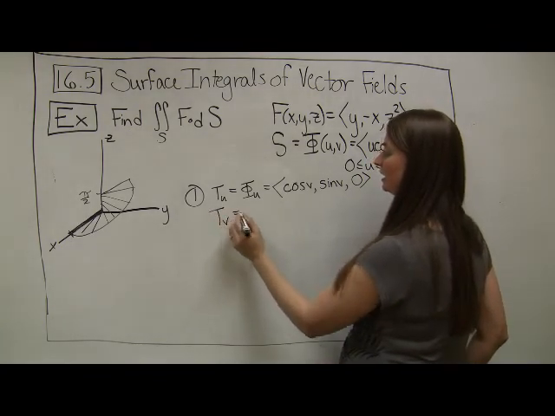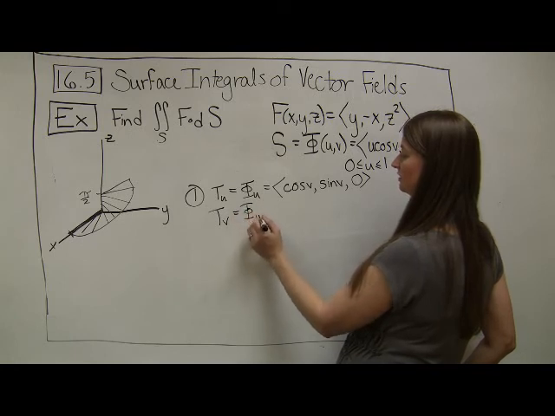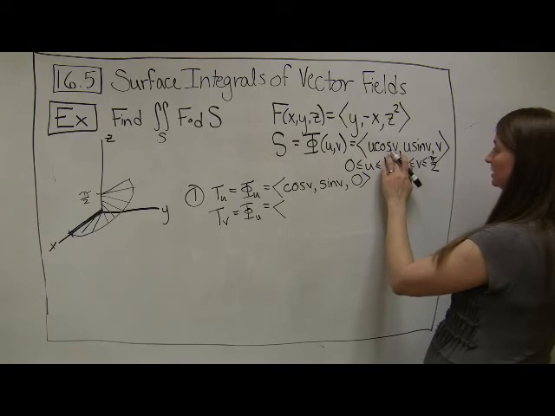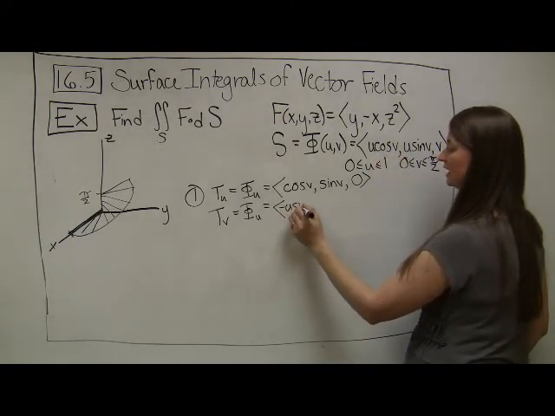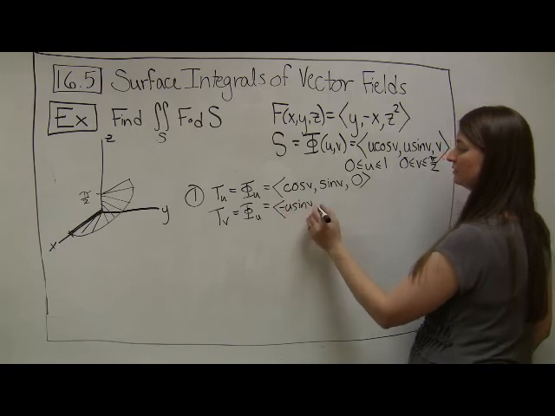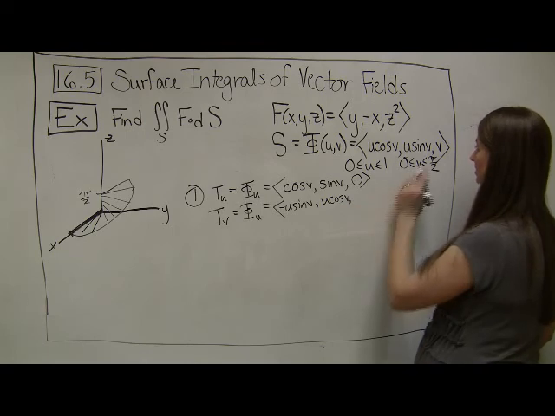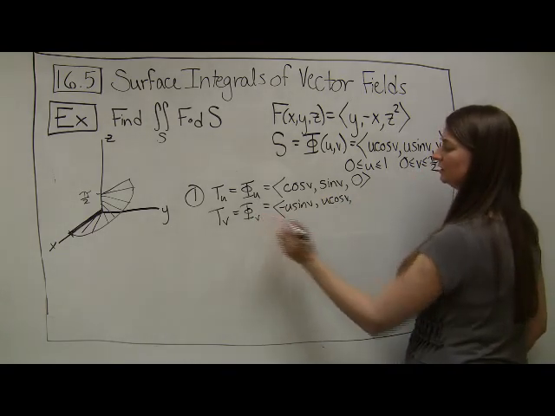My tangent vector with respect to v is going to be the partial derivative of my phi function with respect to v, which in this case, the derivative of cosine is negative sine. So I end up with negative u sine v, and then u cosine v, and the derivative of v is 1. Sorry, this should be a v down here.